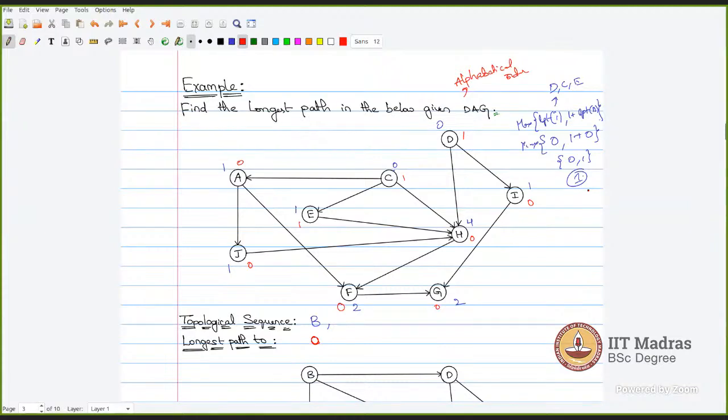Sir, I could not understand. We have taken E. I have missed this point. How did we get D, C, and E?